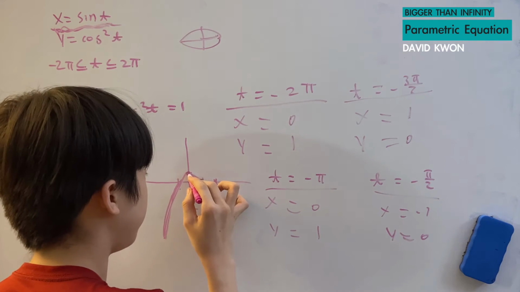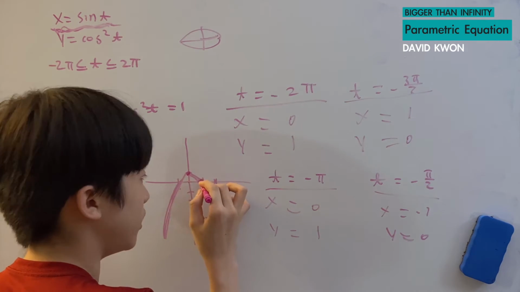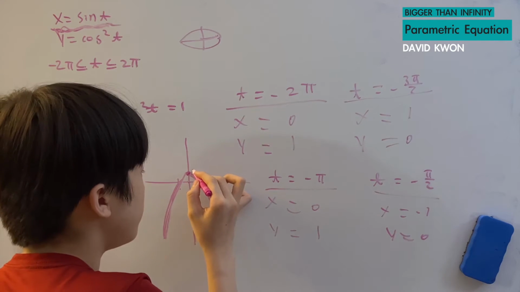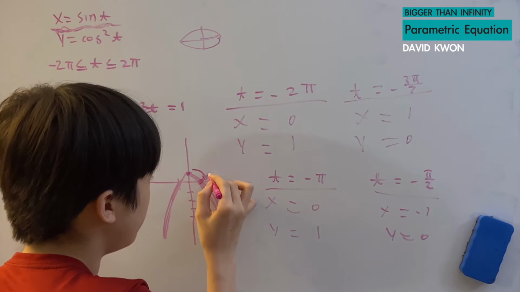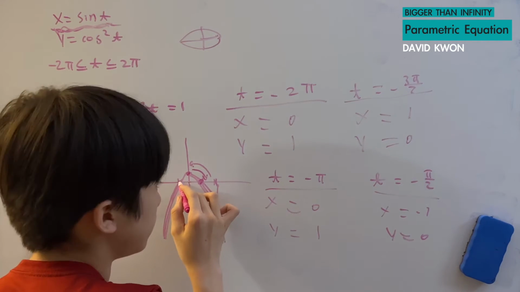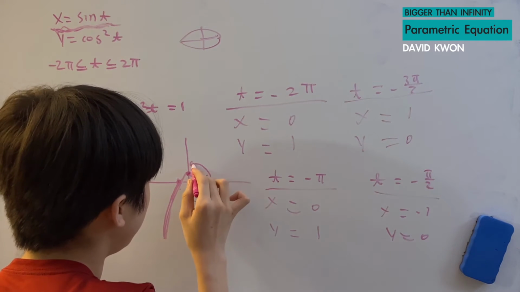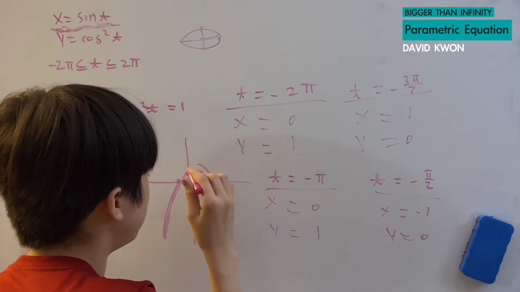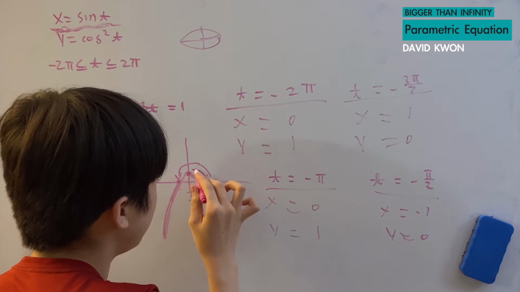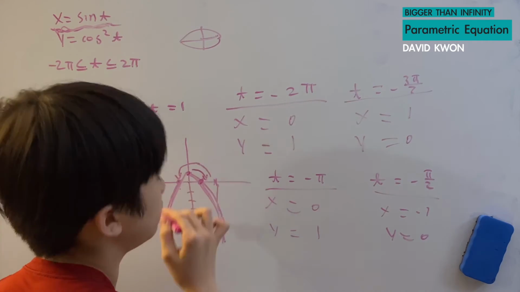So this is where it starts from. It went to here. And now when x is equal to 0, y is 1, so it went this direction, and then this direction again. And then when x is equal to minus 1 this time, y is equal to 0. So it didn't just go to this point, it went all the way like this, this direction and then this direction all the way.